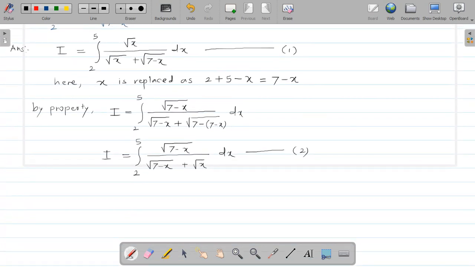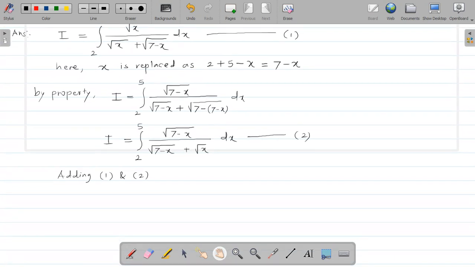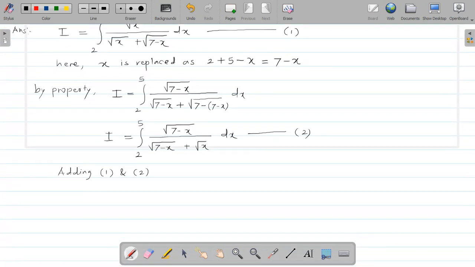So here the technique is what? We add these two integrations. So the next step will be adding equations 1 and 2. See here carefully, this is very, very important. If we add, then on the left hand side you will get 2I, since I plus I is equal to 2I.